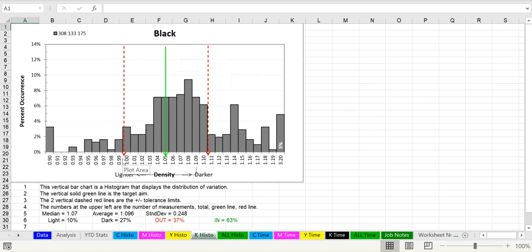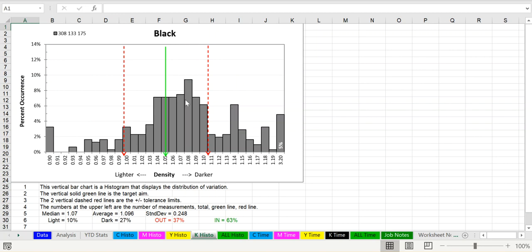That takes you to a low of 105 to a high of 110. And then we could calculate the percent that was in spec, that was 63%, and we could calculate the percent of product that was out of spec, both on the low side and the high side, or the light side and the dark side, and that was 37%. 10% was on the light side and 27% was on the dark side.